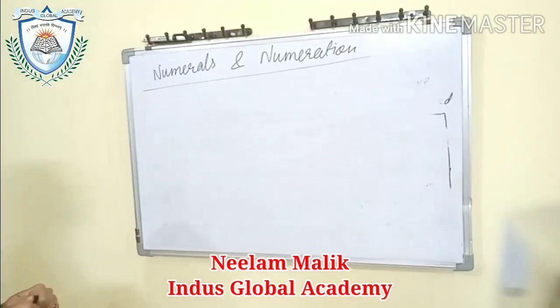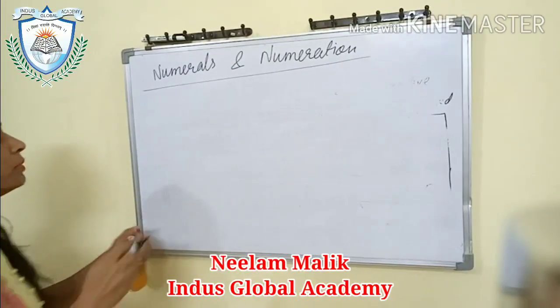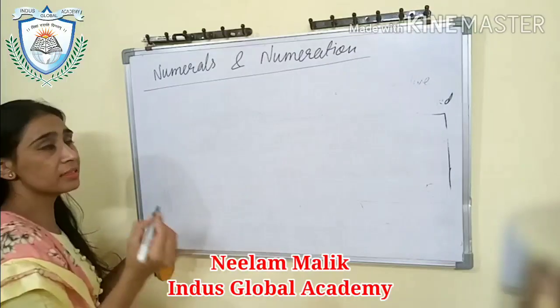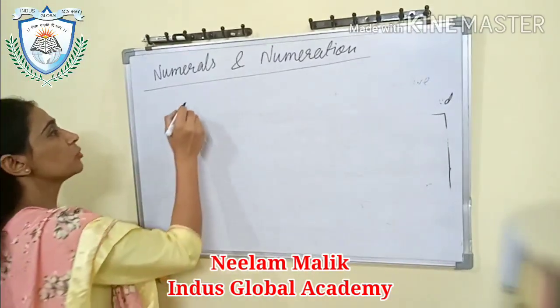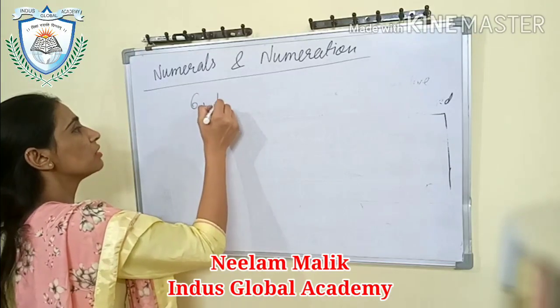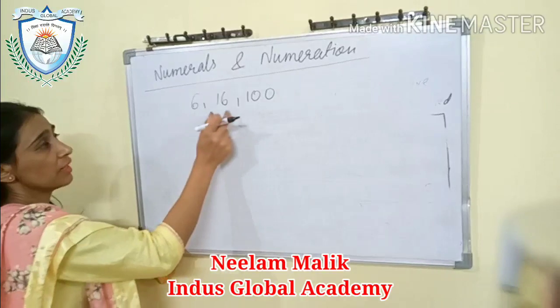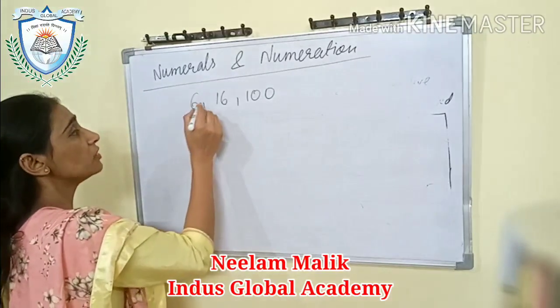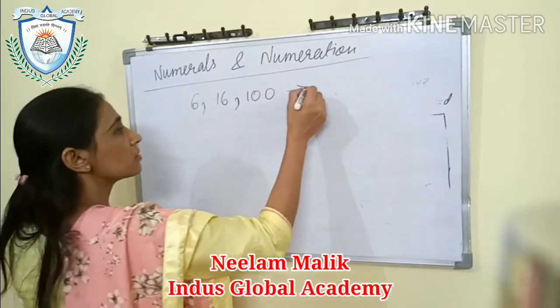So numeral means you are writing a number in numerical form, a digit or a group of digits is called a numeral. Suppose you are having 6, 16, 100. Whether you are using one digit or a group of digits, those are numerals.